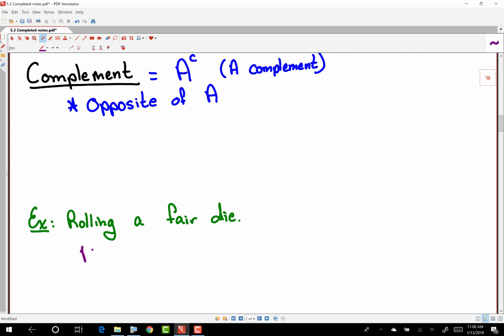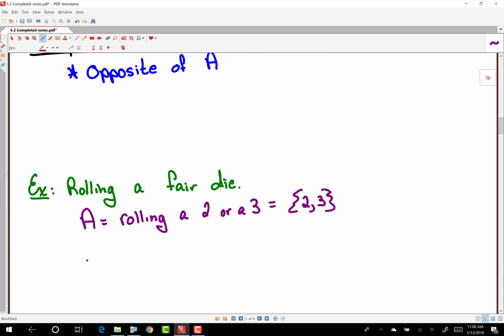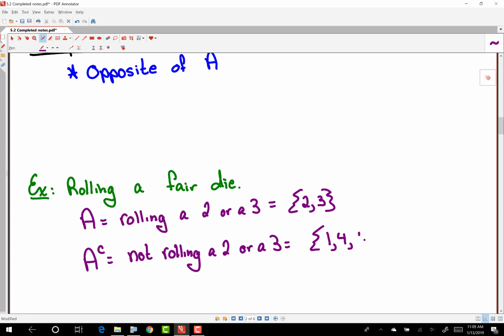If A is rolling a 2 or a 3, event A would have this sample space. Then A complement would be the opposite of that, so that's not rolling a 2 or a 3. And so the opposite would be rolling a 1, 4, 5, or 6. And so that would be A complement.